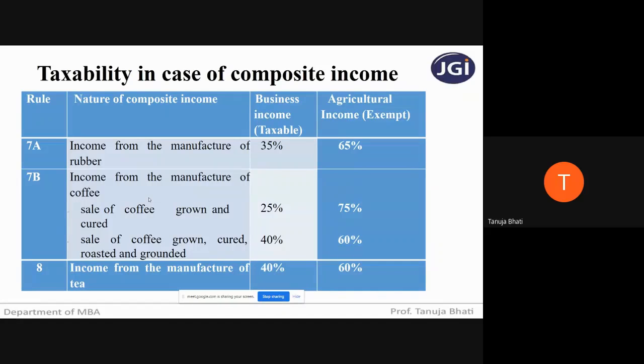When you manufacture coffee or tea, some portion relates to agriculture and some portion relates to business income. That is why this proportion is given as per the provisions or rules of the Act. So these are the three things you need to remember, and these percentages: composite income only has manufacture of rubber, manufacture of coffee, and income from the manufacture of tea.